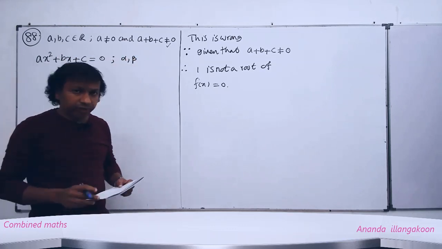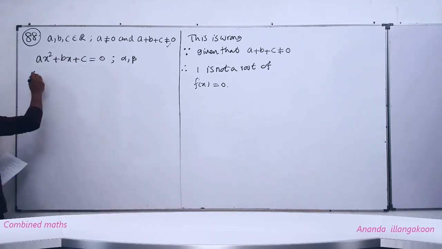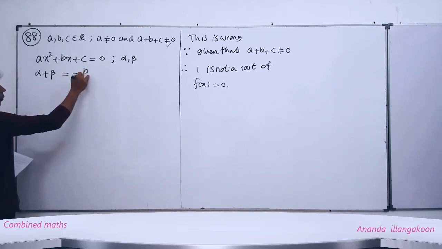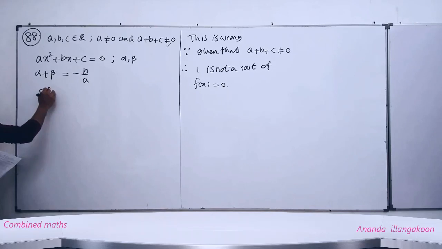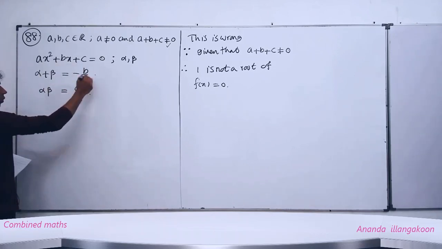Then you can write alpha plus beta and the product alpha beta. Alpha plus beta is minus b upon a. Alpha beta is c upon a. These two are okay.